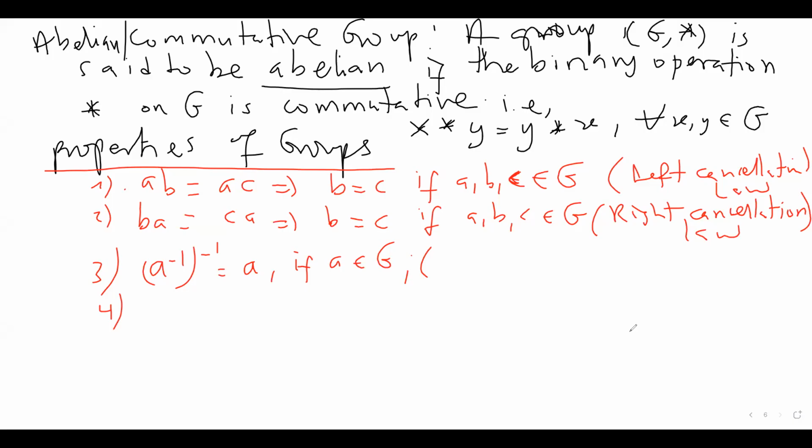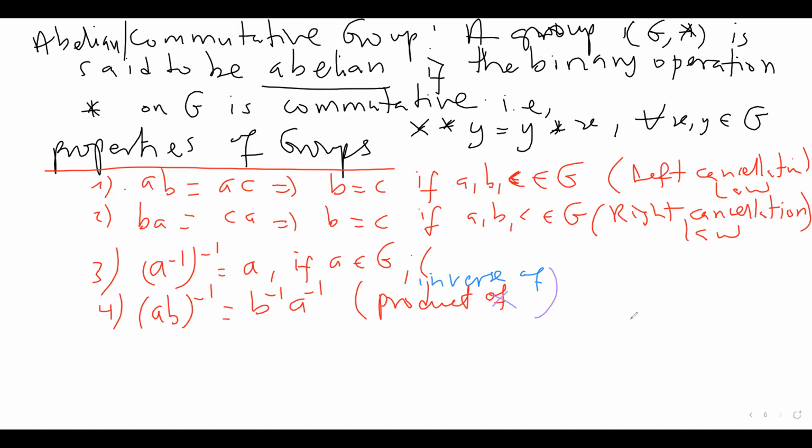Then the fourth one is that if we have AB inverse, then we write it as B inverse A inverse, which is the inverse of the product.